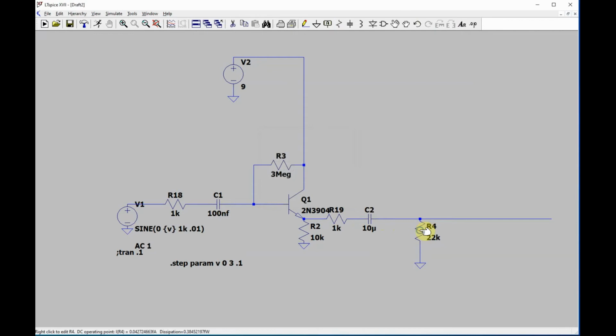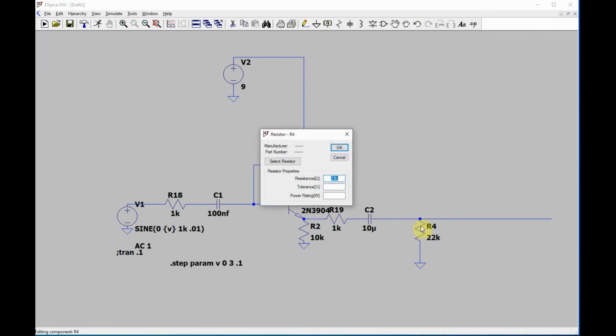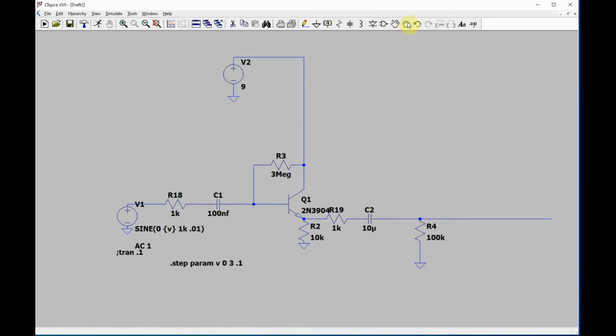Then if you're expecting to go into like 10K or something, you just put 100K on there, and that just keeps it at ground. Like if you're hooking things up to it and disconnecting from it, it's keeping this at ground. And so that's a good thing that's usually done.